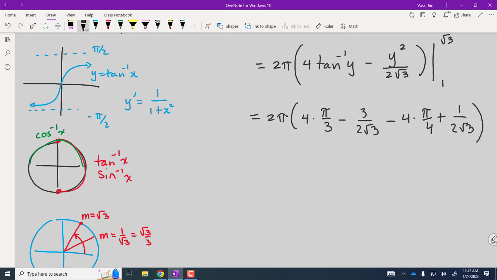So then we just have to simplify this thing. We'll have 2 pi multiplied by 4 pi over 3, and then minus, let's combine those two. That looks like it's going to be minus 2 over 2 root 3, and then minus pi.